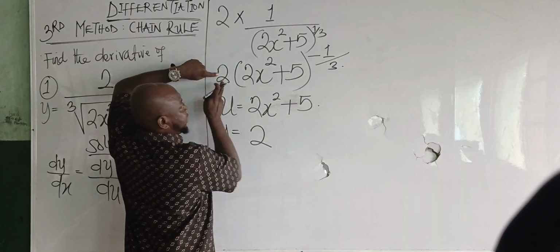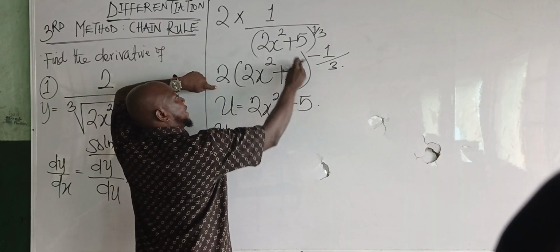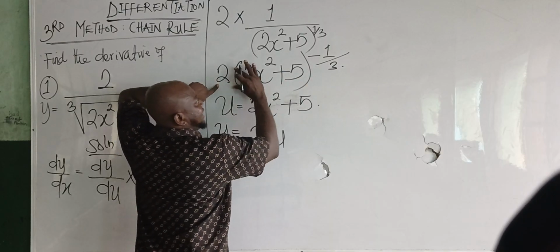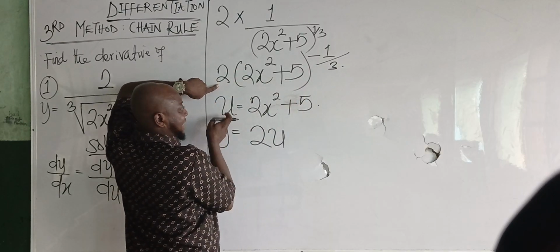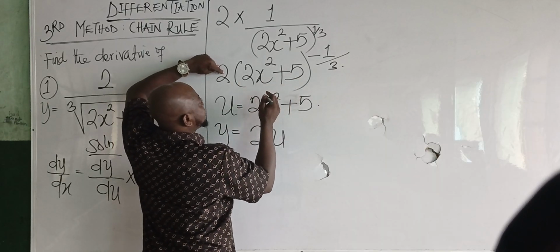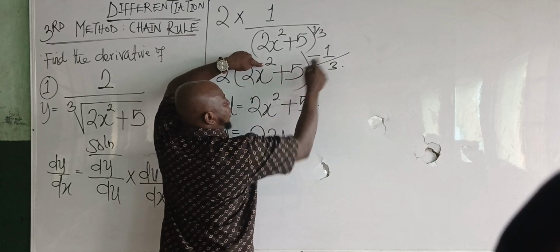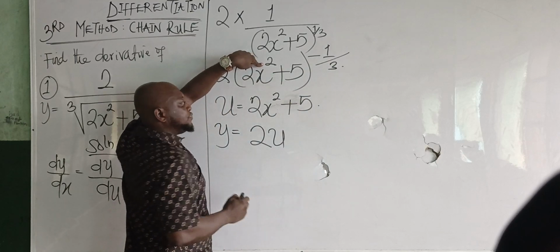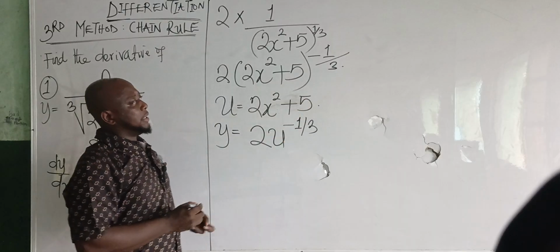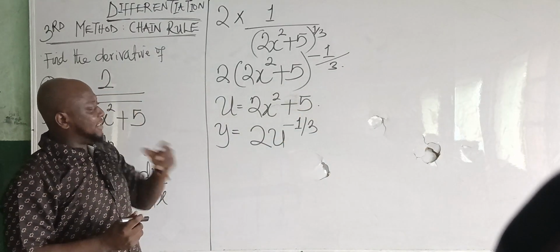We already say all of this one is u, so I'm going to put u here. Let u be all of these things. So if you put u here, we're going to have that y becomes 2 into bracket u raised to the power of minus 3. Yes, this is what I'm having as the value for y.